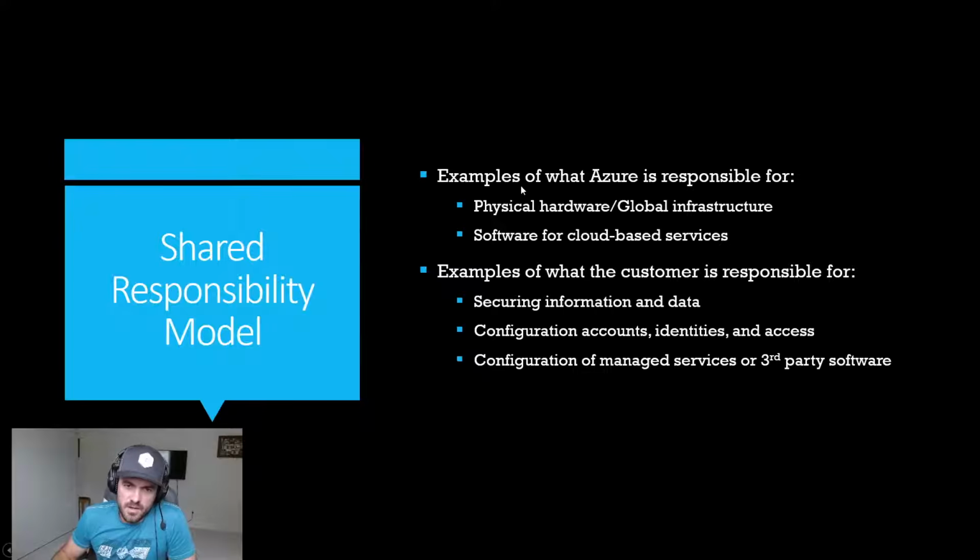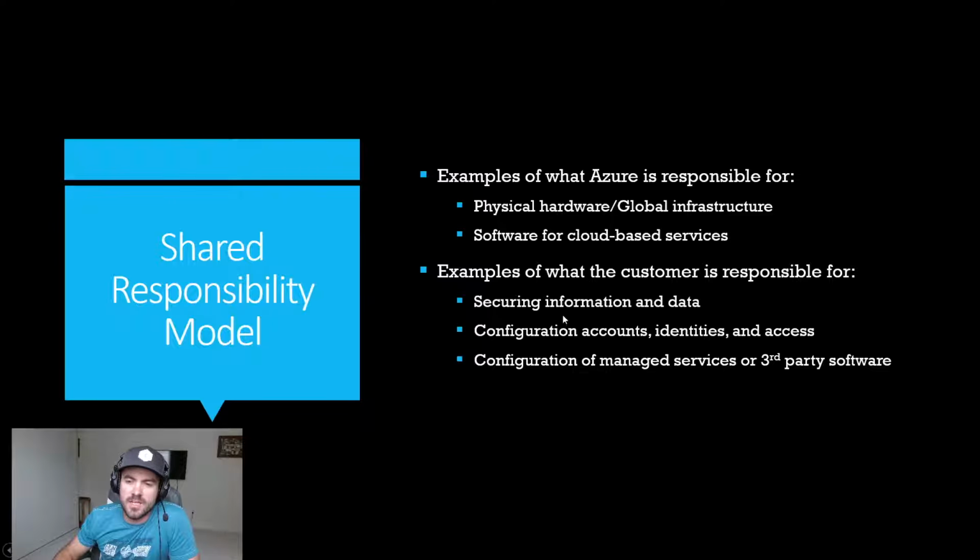Azure and the provider are responsible for the physical hardware, the global infrastructure, the servers all over the globe, and the actual software that you use in Azure. All of these services that allow you to provision resources, that's on Azure. You as the customer are responsible for pretty much everything else. Securing your information and data at rest and in transit, that's on you.